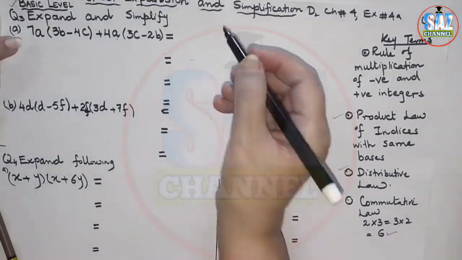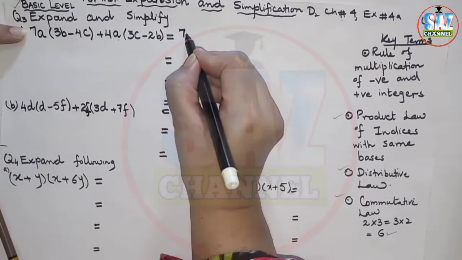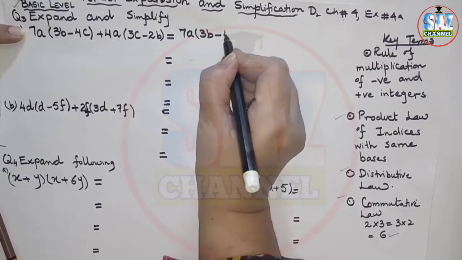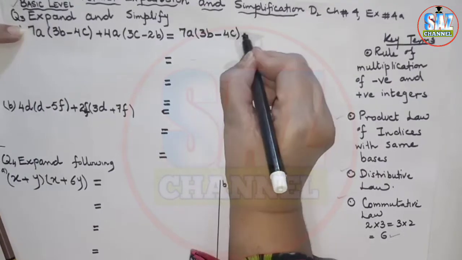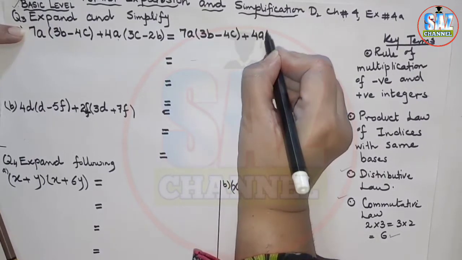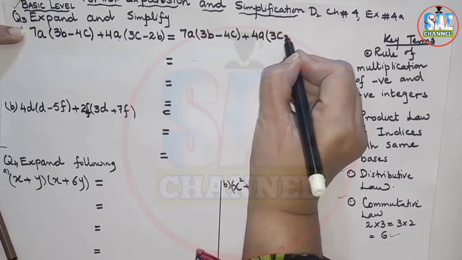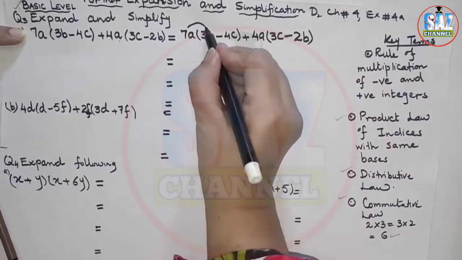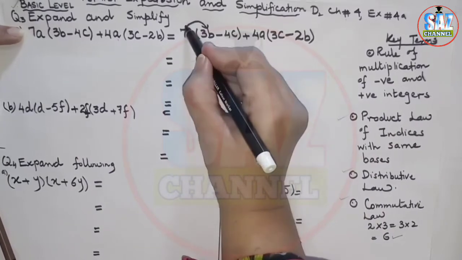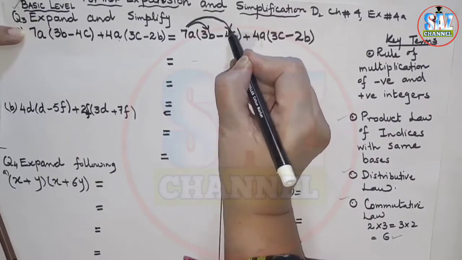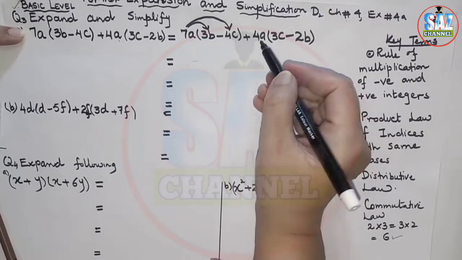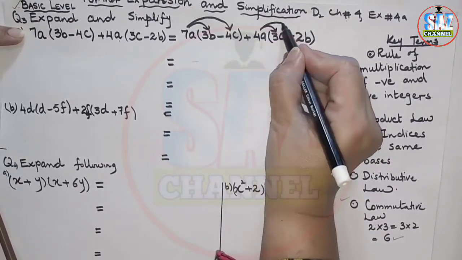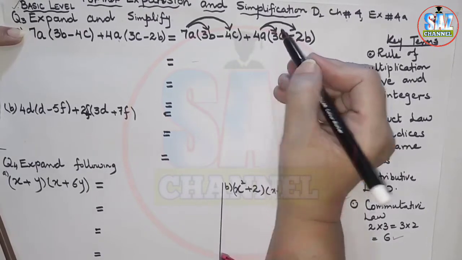Let's rewrite the question. 7a into (3b minus 4c) plus 4a into (3c minus 2b). Apply distributive property: 7a has to be multiplied with every term inside the bracket, and same 4a will be multiplied with every term inside the bracket.